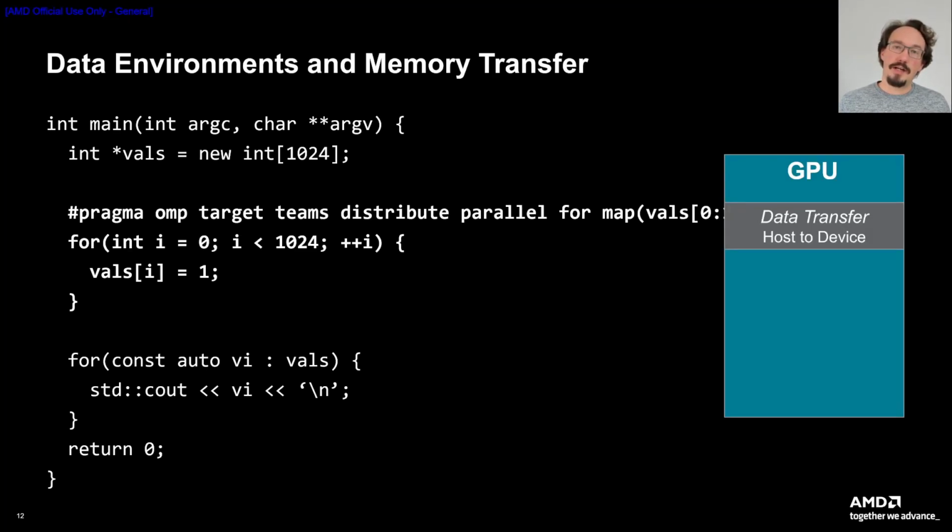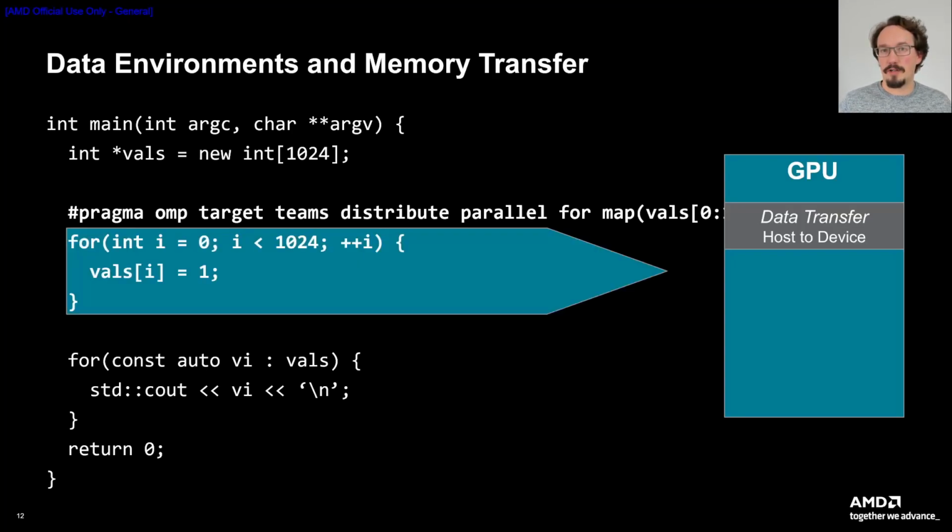Once that data transfer has completed, the runtime can launch the kernel, meaning the actual computation of the values. When all the data has been computed, the runtime initiates another data transfer. This time, the direction is device to host.